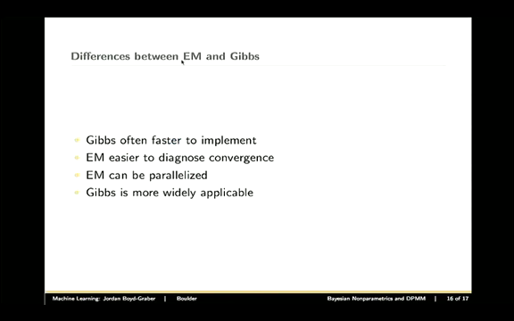Comparing what we were doing before with Gibbs sampling, Gibbs sampling is often faster to implement. There are fewer messy pieces of code you have to write. It's easier to tell when Gibbs sampling is finished, because basically things stop changing and you know you're done. Another nice upside of Gibbs sampling is that it can be applied to a wider class of models.